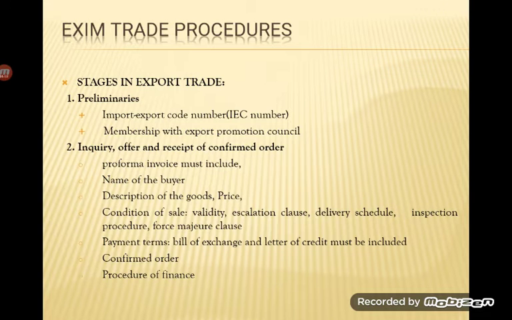So this confirmed order is nothing but the invoice of the order. It will include the name of the buyer, who is the importer, his details, and a description of the goods and prices. So whatever goods the importer is willing to import, at what price he is willing to import, and other conditions of sale, which include the validity.